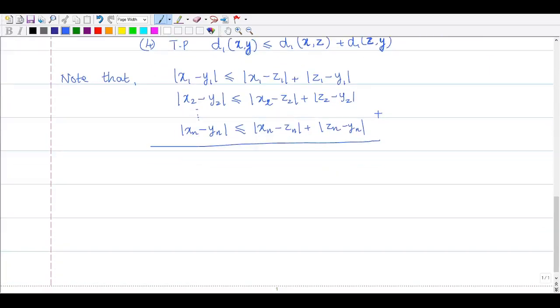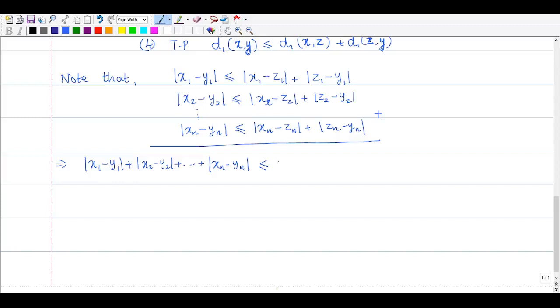So I can write this implies that, adding it fully, we get modulus of x1 minus y1 plus modulus of x2 minus y2 plus up to modulus of xn minus yn. This is going to be less than or equal to, adding it fully, this plus this.